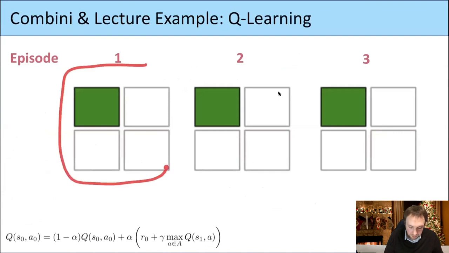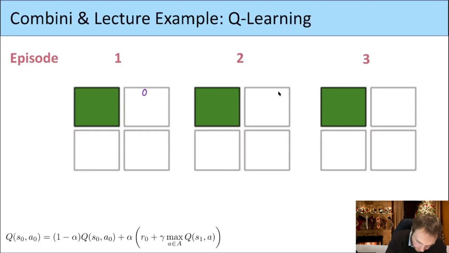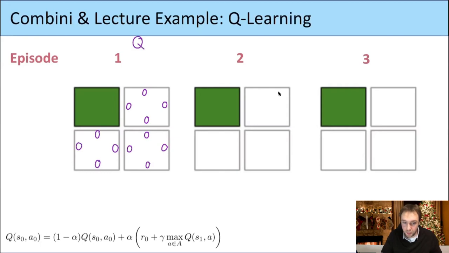So in the first episode, let's assume we started by putting 0 everywhere. These are the values Q. So these are our values Q at these different S prime, S2 prime, S3 prime. And here maybe also zeros. And now we choose some S0. So let's say this here is S0.